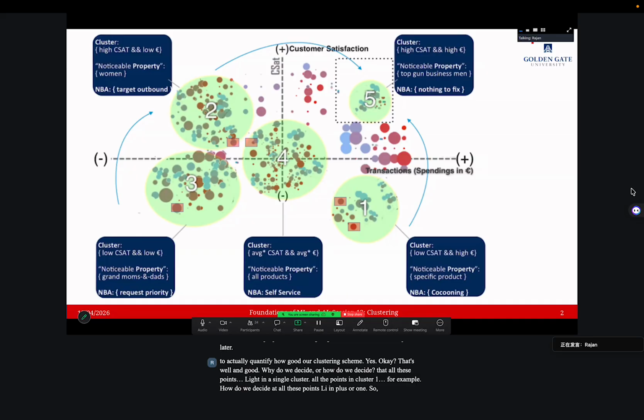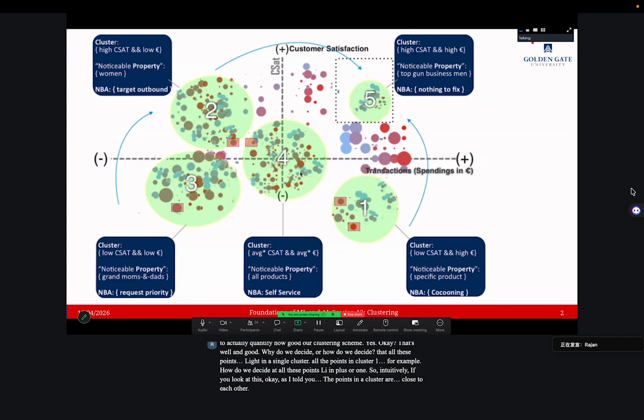So, intuitively, as I told you, the points in a cluster are close to each other than to points in other clusters.